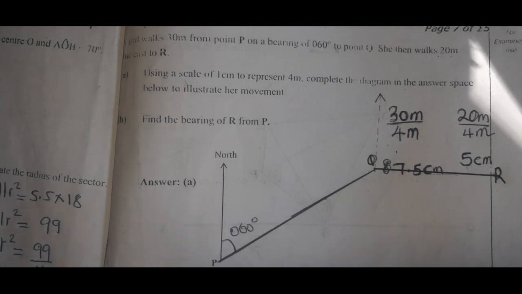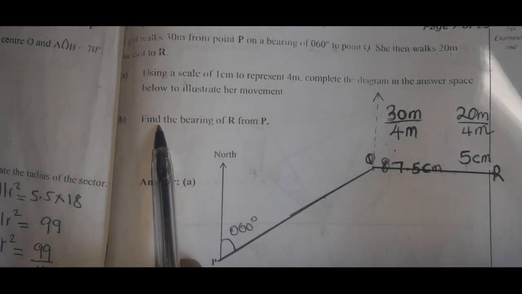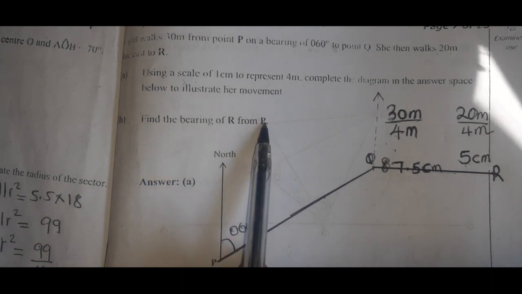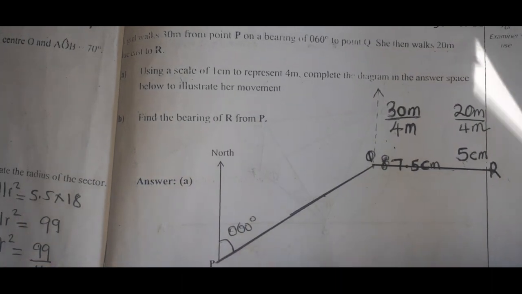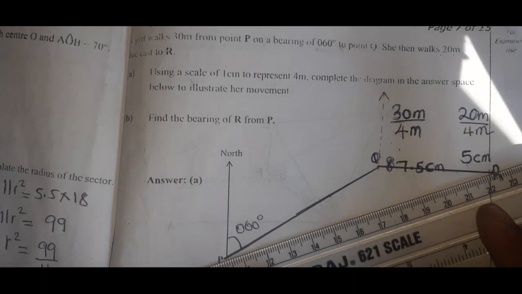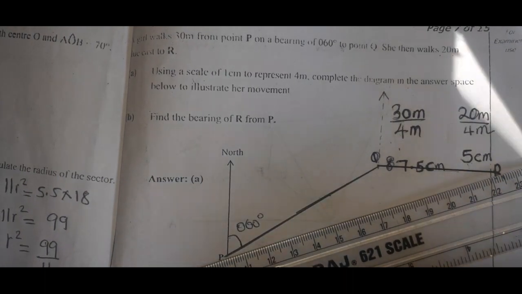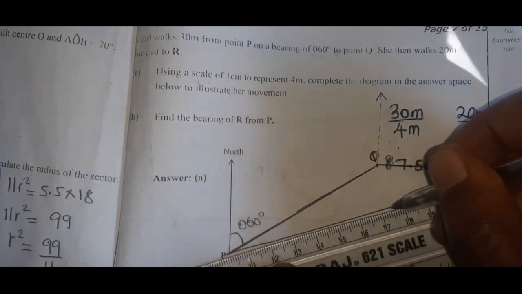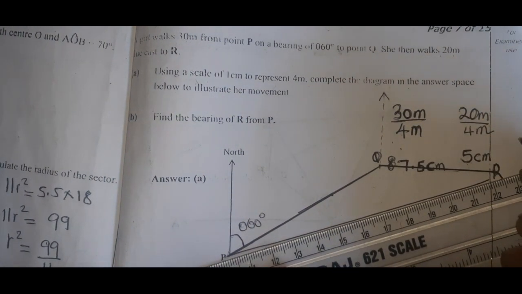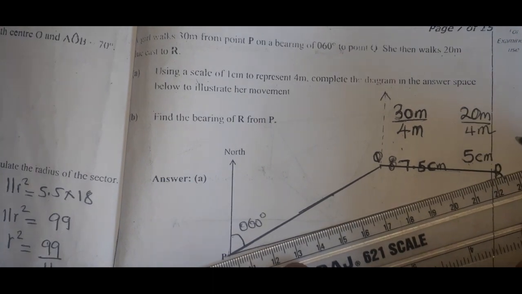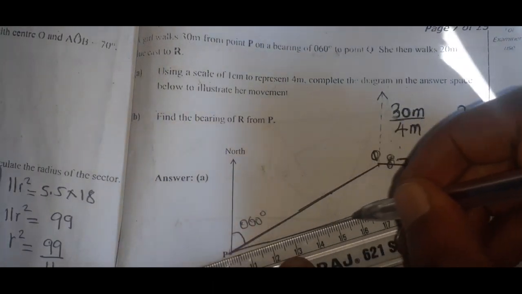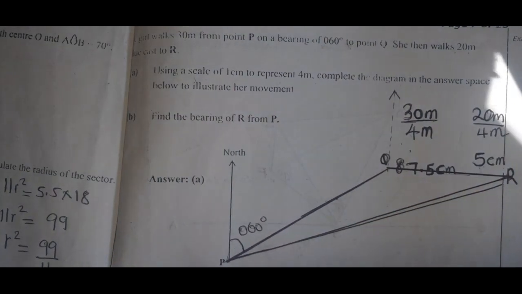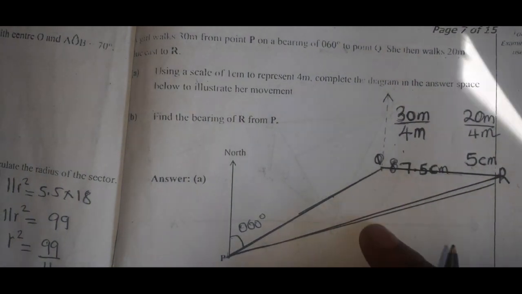Then we have another question, which is find the bearing of R from P. We need to join these 2 points here like this. Sorry, please ignore the one that is below.